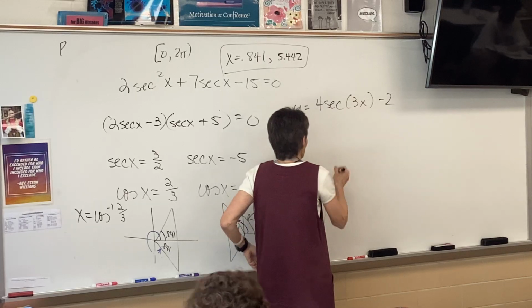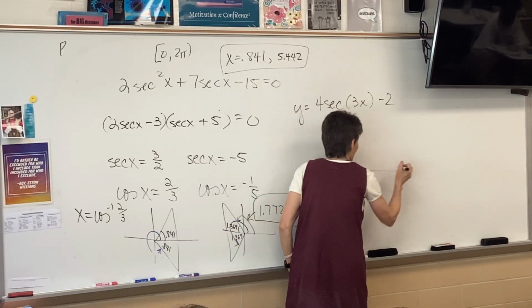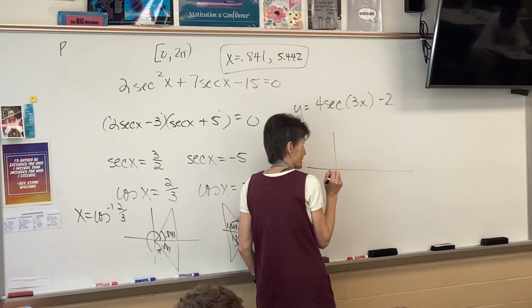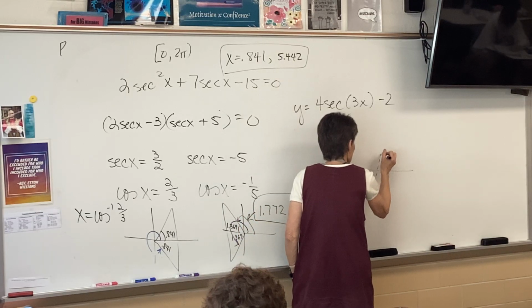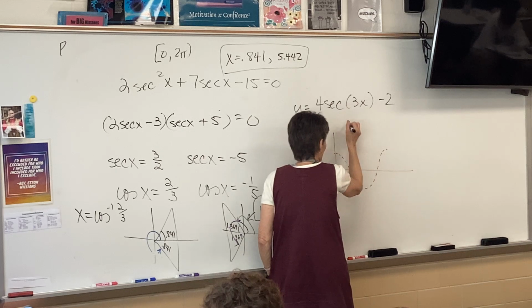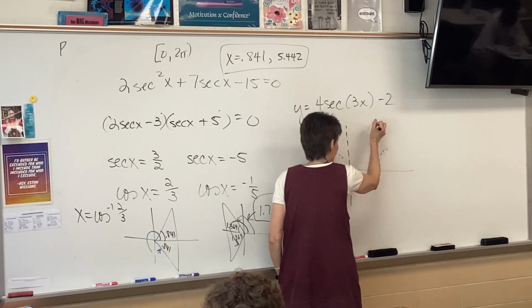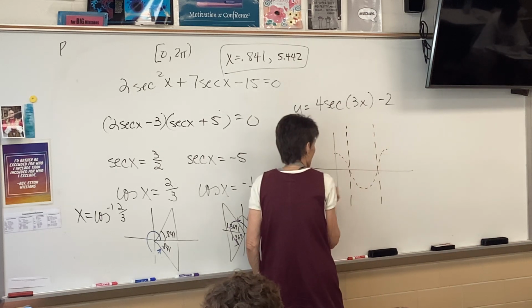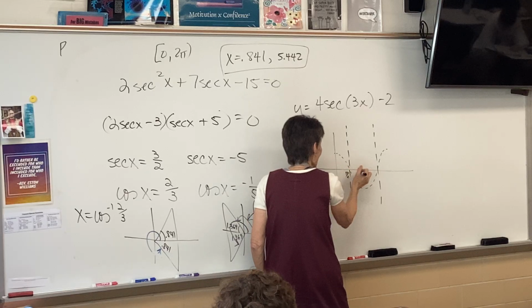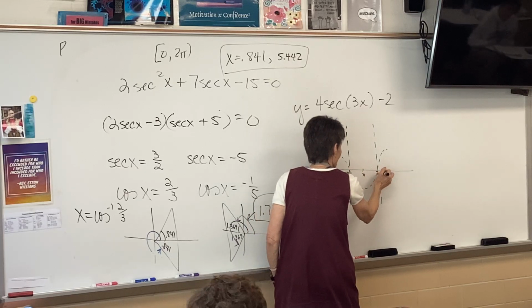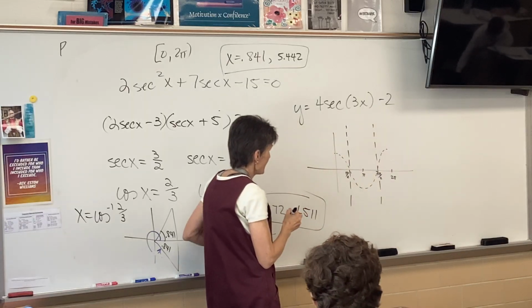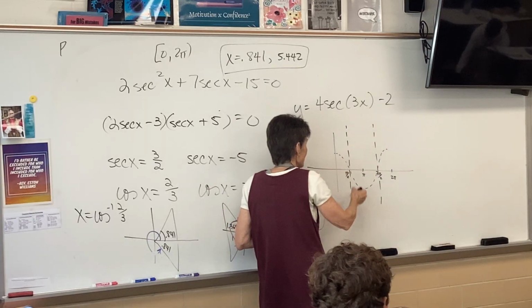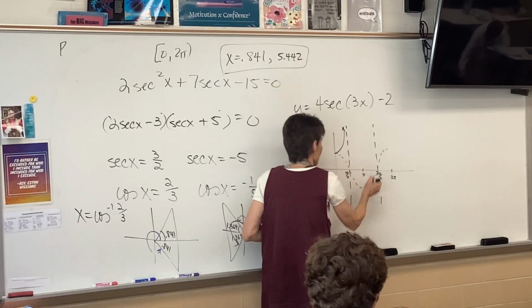What does matter is that you remember what a secant looks like. A secant is the reciprocal of the cosine. So I dashed in my cosine, and then I dropped in the asymptotes, and then you flip the curve.